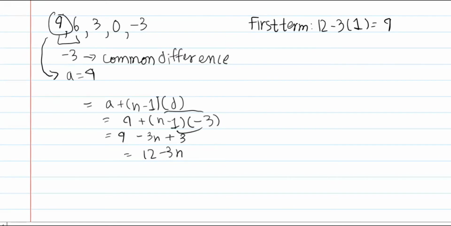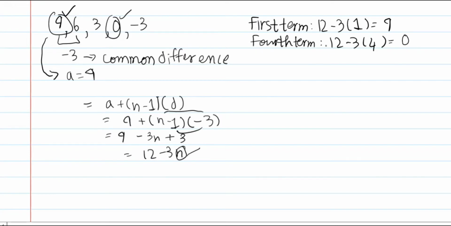So this means this formula is working. Now let's check it for the fourth term, which is 0. So 12 minus 3, and we'll use 4 as the value of n, since we have to find the value of the fourth term. So 12 minus 3 into 4 is 12 minus 12, which is 0.